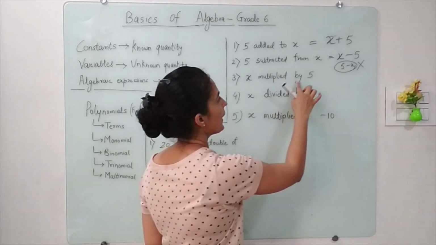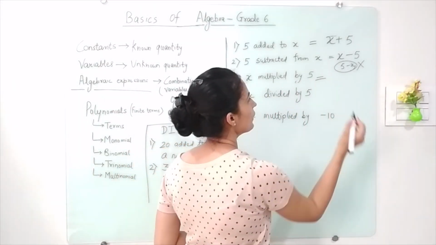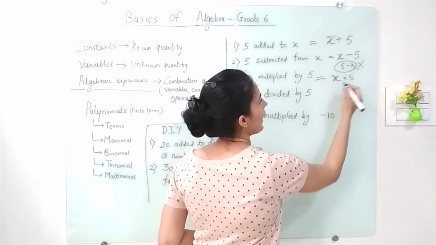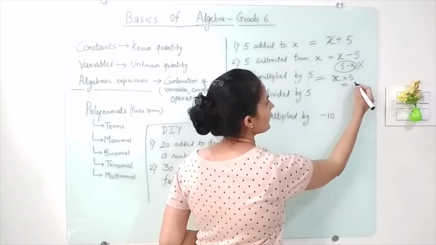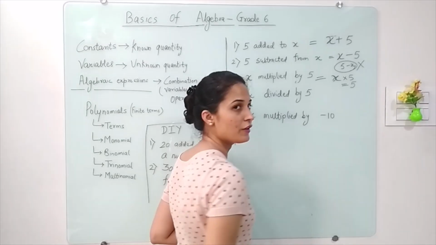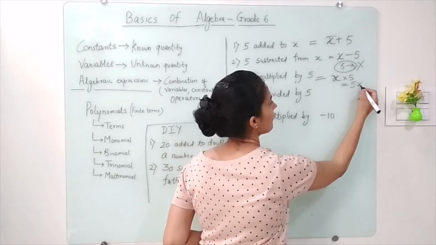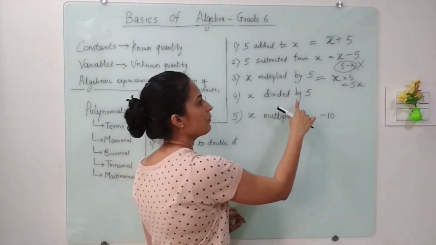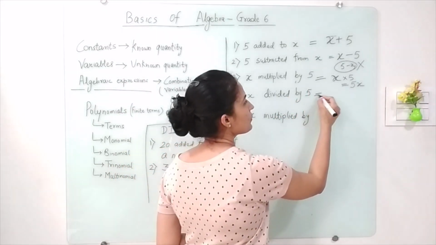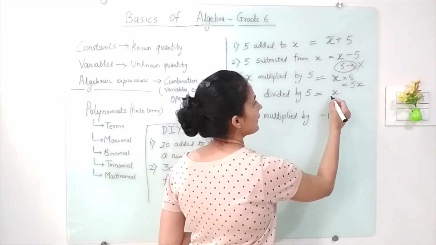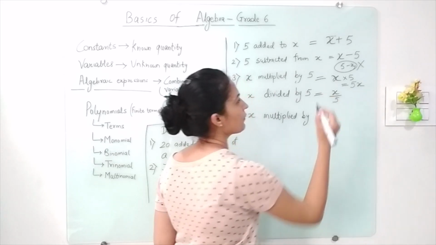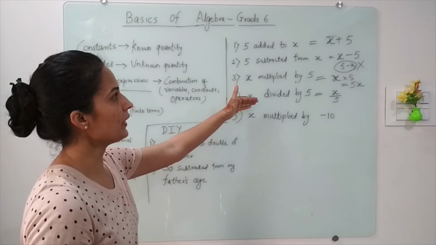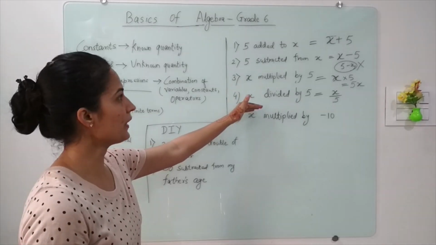Now x multiplied by 5: I can simply write the constant at the first place, so I'll write 5x. X divided by 5, so this is x divided by 5. This is how we can simply express them in algebraic expressions.